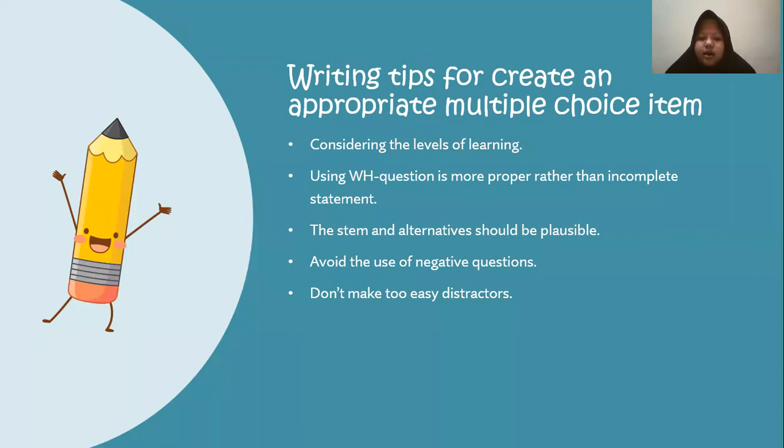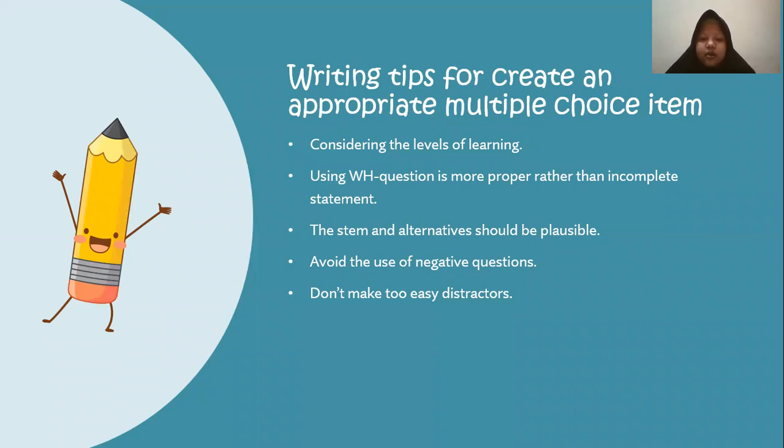And actually, there are many reasons that can make the student choose the distractors instead of the key answer. Some of them are the validity and the reliability of the multiple choice items.